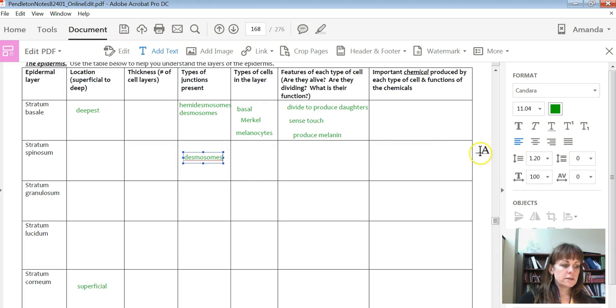Okay. Now at this point, these cells start to have a molecule, keratin, be a part of them. Remember, keratin is the waterproofing, or water repelling, molecule. And so we start to call these daughter cells that have just been produced keratinocytes because they're starting to be packed with keratin.